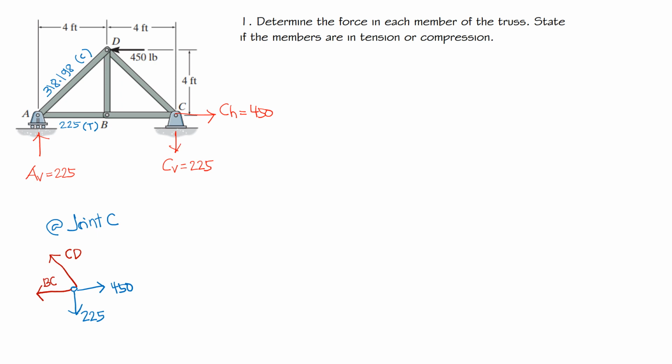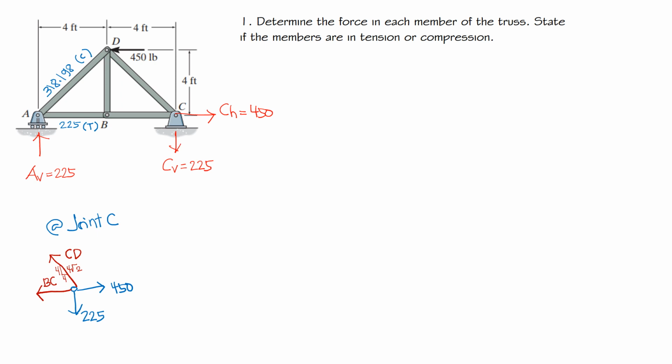It has the same slope: if this is 4, this is also 4, and this is 4 square root of 2. Okay, so still, we can use summation of forces horizontal and summation of forces vertical to solve for the missing members.